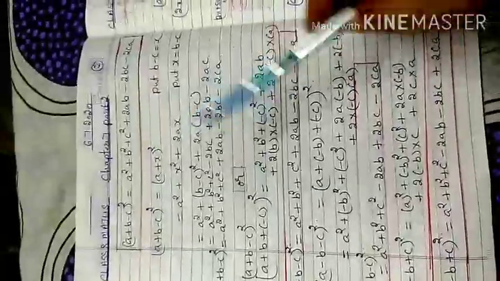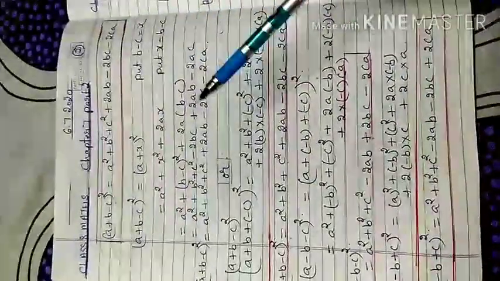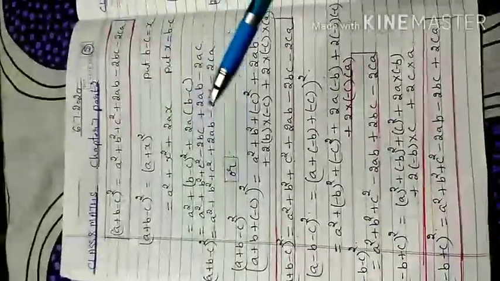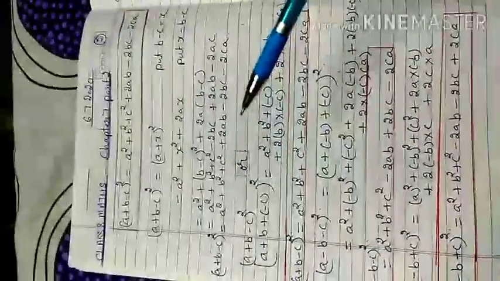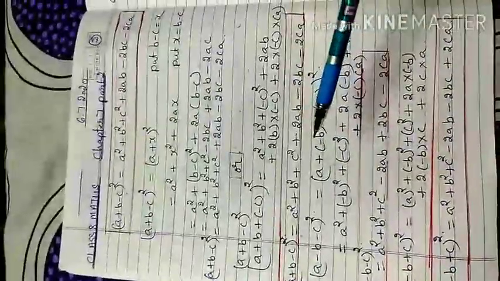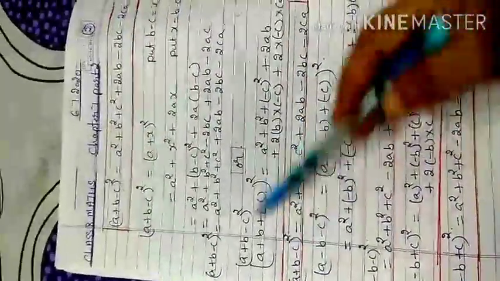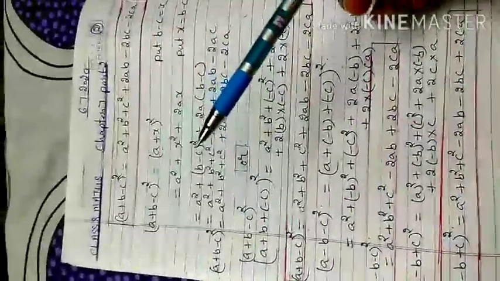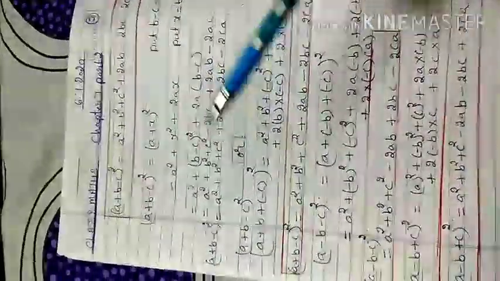So instead of remembering all these formulas, if I just remember only the a plus b plus c whole square formula, then if any term accompanies a negative sign, I first write it this way, then apply the a plus b plus c whole square formula, and my answer will be the same. There is no change in the answer.